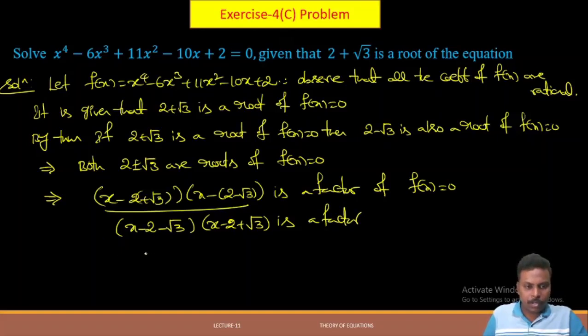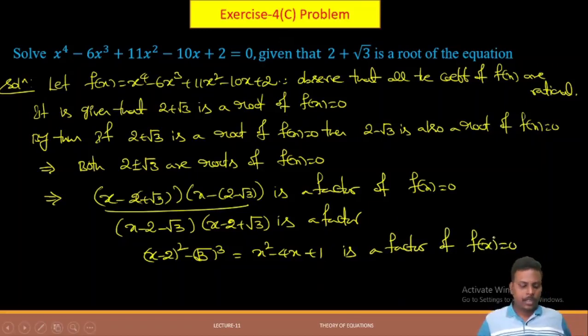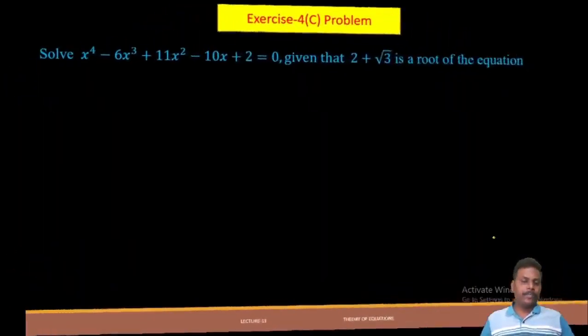So this is equal to x minus 2 whole square minus root 3 whole square, that is equal to x square minus 4x plus 4 minus 3 is plus 1 is a factor of f of x is equal to 0. Let us continue in the next page.